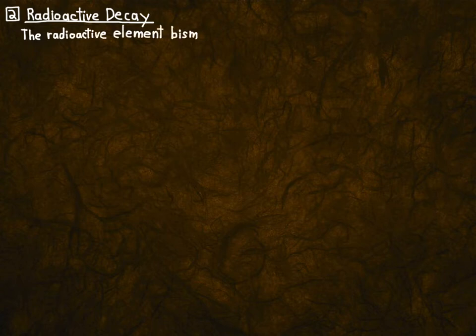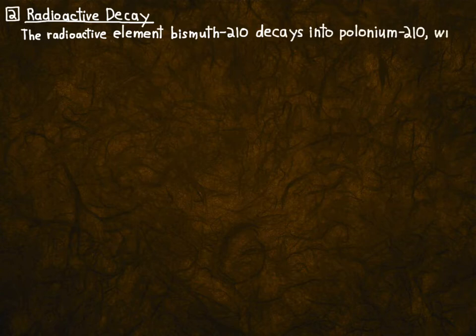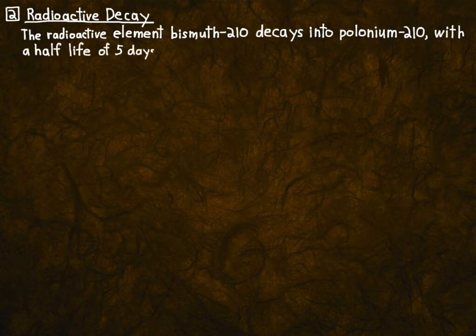Okay, example number 2 is radioactive decay. The radioactive element, bismuth 210, decays into polonium 210 with a half-life of 5 days. This is actually true.